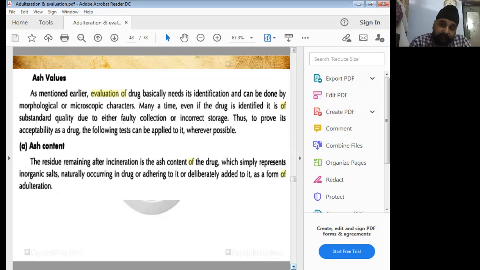Now, if the drug is mixed with certain other chemicals, the ash content would be different from that of the pure drug. Ash content of a drug adulterated with substances, either partially or fully, would be different. So we determine the ash content.